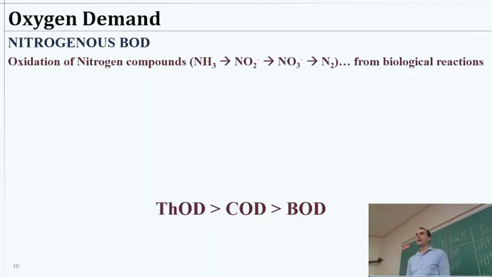Okay, so there is a subset of BOD that we would call nitrogenous BOD. This is essentially related to the processing of nitrogen species. So ammonia going to nitrite, going to nitrate, and then ultimately denitrifying to N2. And if you track the oxidation state of the nitrogen there, you're essentially oxidizing each step of the way.